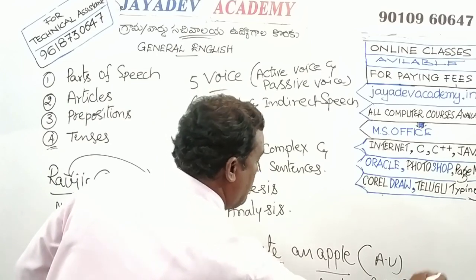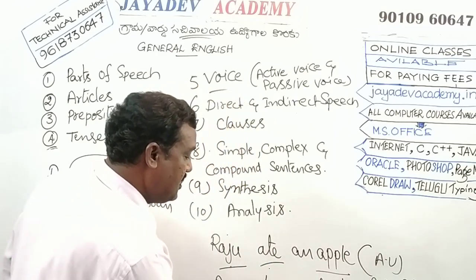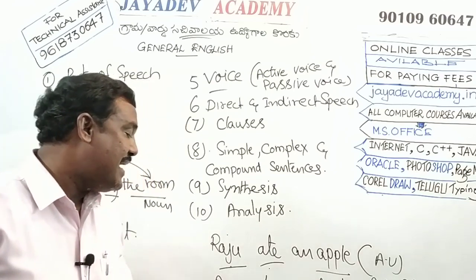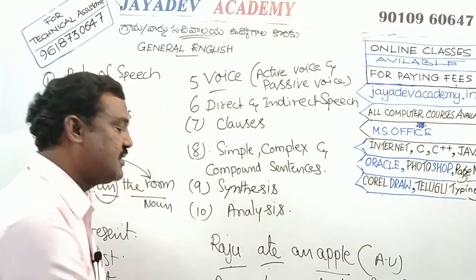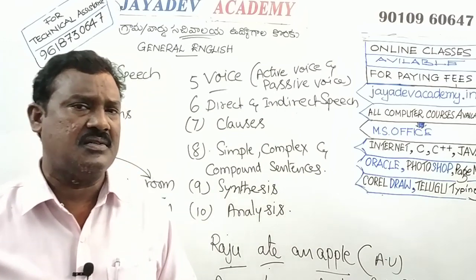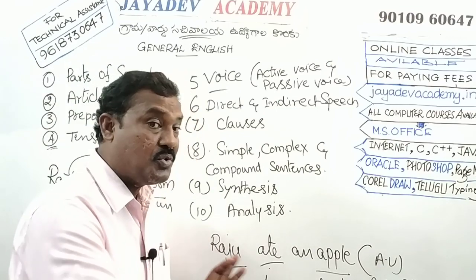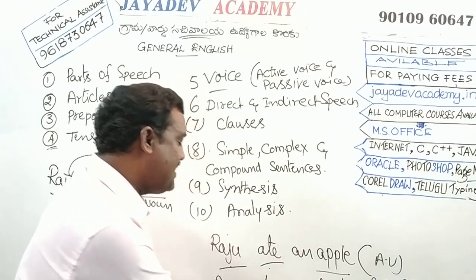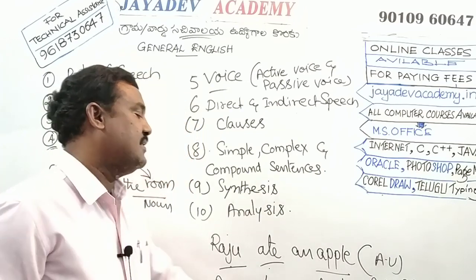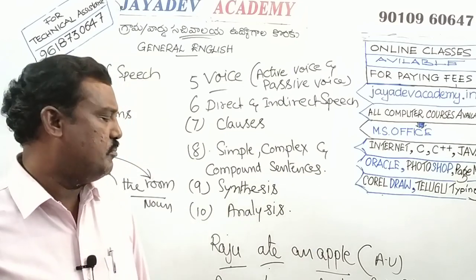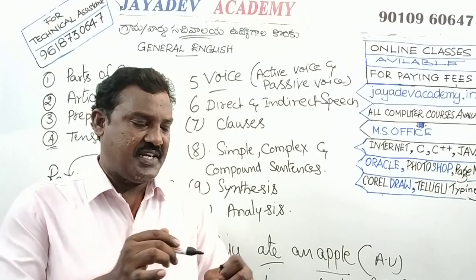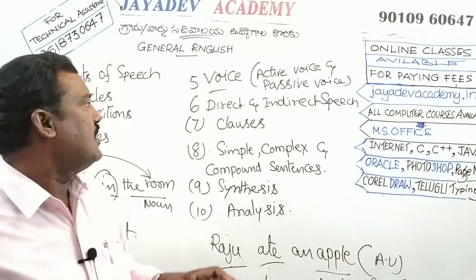This is called passive voice. Here if you see the verb form, this verb form shows the action is done to the subject. The apple can't do any work; to the apple only work is done. That's why passive voice means if work is done to the subject, the sentence is said to be in passive voice. So this is the active voice and passive voice. Later I can discuss them in a detailed manner.